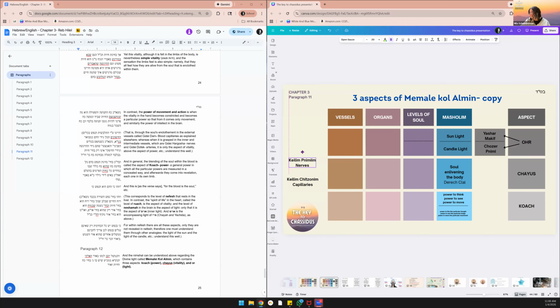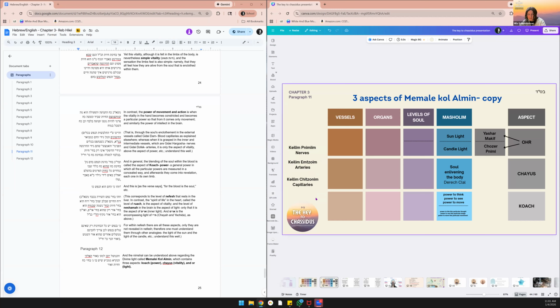That's going to be obviously higher than kelim chitzonim. Then we have kelim emtsoim, intermediary kelim, and these are arteries. What's arteries is gidei dofek, dofek meaning the pulsating gidim.